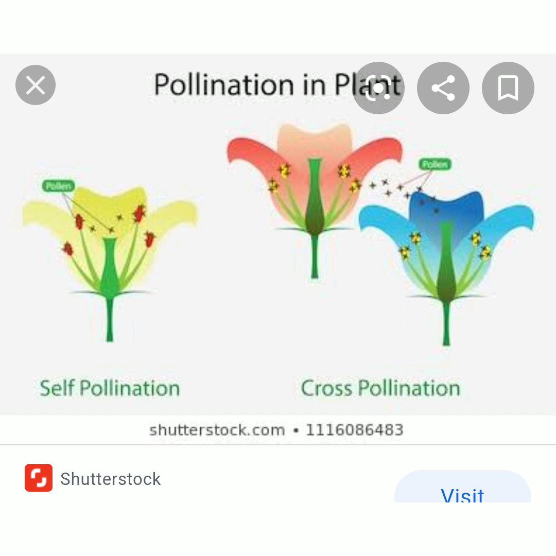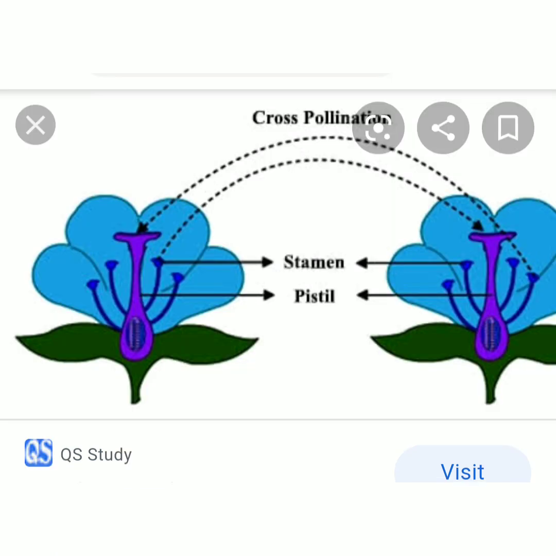Two flowers of the same plant participate in the pollination. The pollen grains of a flower stick on the stigma of another flower in the same plant. So the flowers of a single plant perform pollination. Two flowers are involved in this type of pollination. This is also a self-pollination.